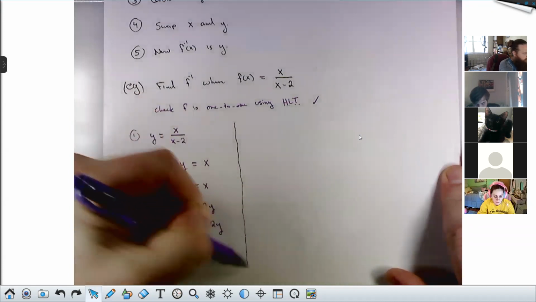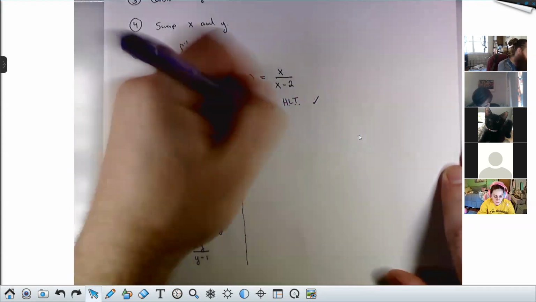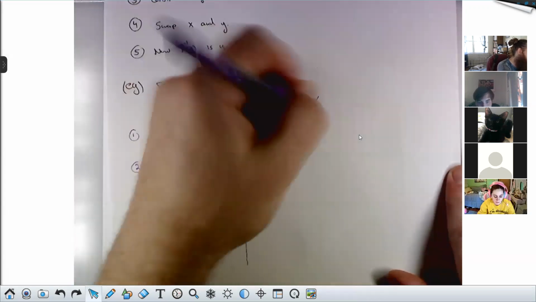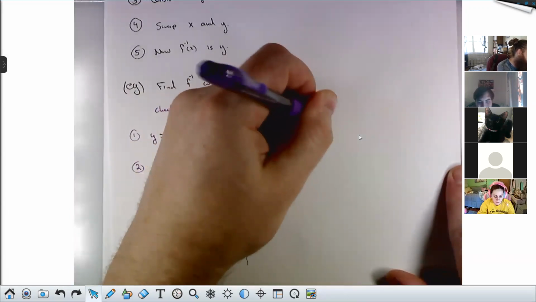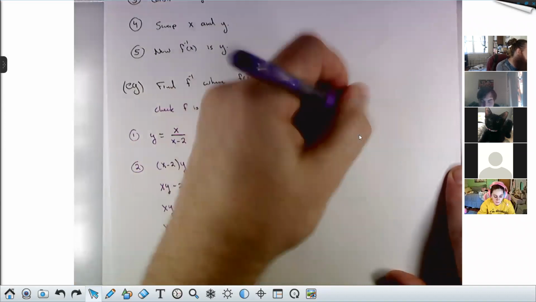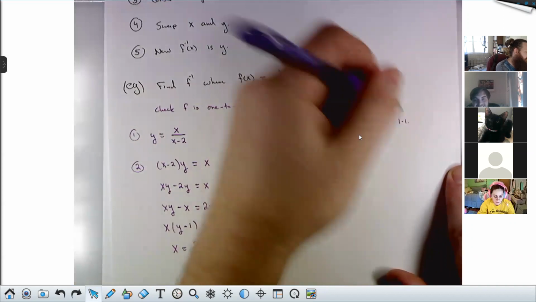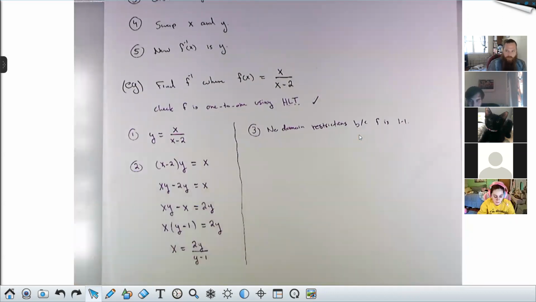I'll still make a little note of it here. I'll say step 3: there were no domain restrictions, because f is 1-to-1. Again, I know this feels a little bit weird at the moment, but I want to do an easy example first, then we'll do one where we have to worry about that. So for now, we just say not necessary.